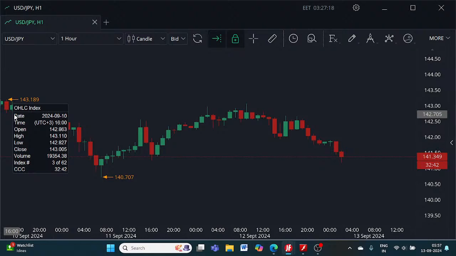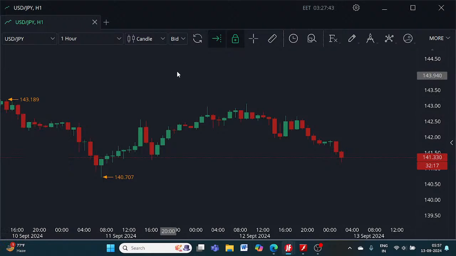RSI, which stands for Relative Strength Index, gives you an idea of how strong the momentum is, if it is bullish or bearish, and how bullish or bearish it is. That can also be gauged by the use of this simple and equally effective indicator, the RSI, Relative Strength Index. Let me add it for you.